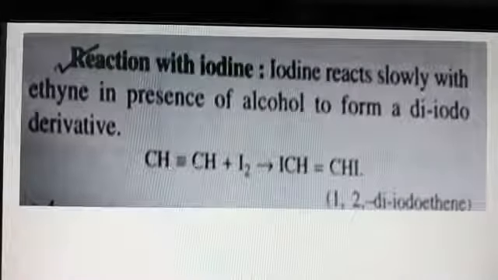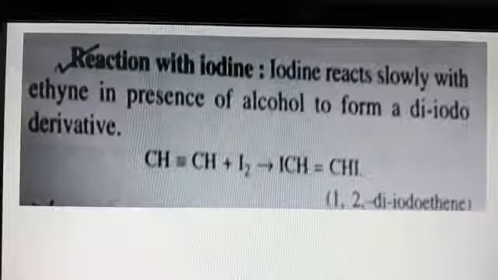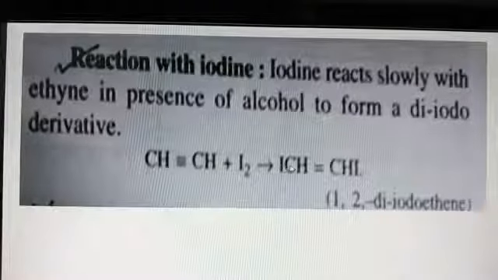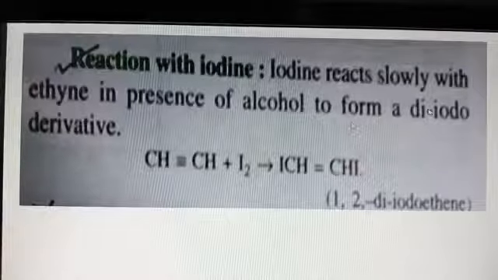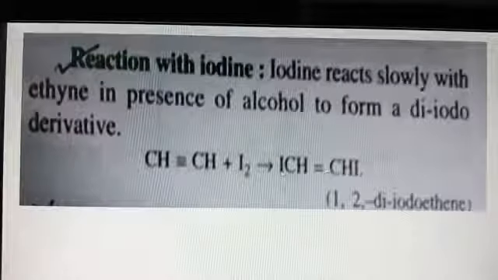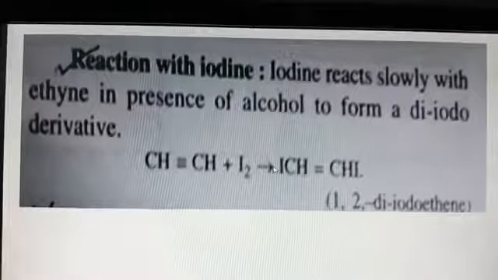So CH triple bond CH reacts with iodine in the presence of alcohol. Here is iodine attached to this carbon atom, and here is iodine attached to this carbon atom. As a result, it forms a diiodo derivative. Why diiodo? Because there are two iodine atoms in the molecule.